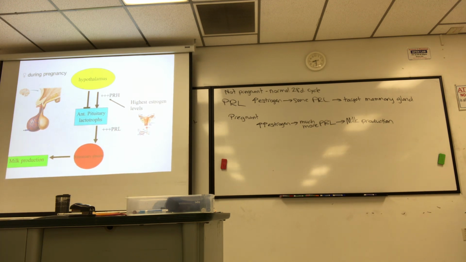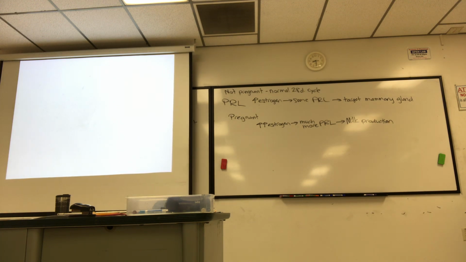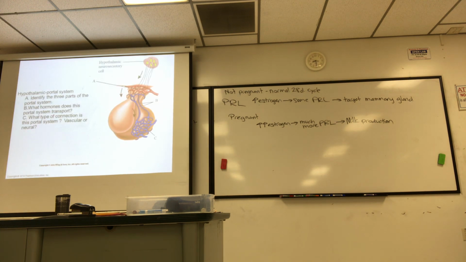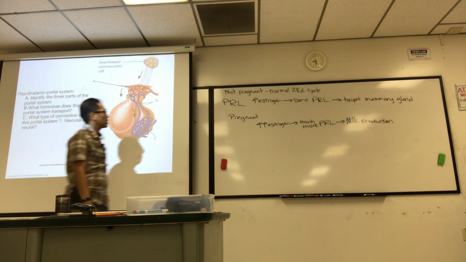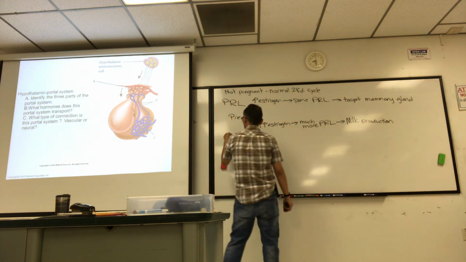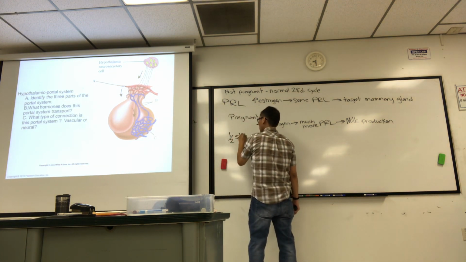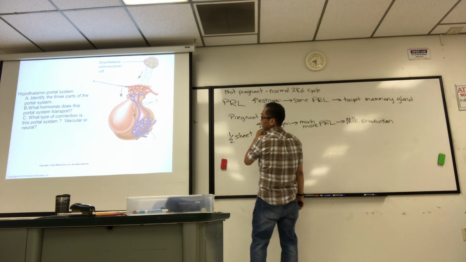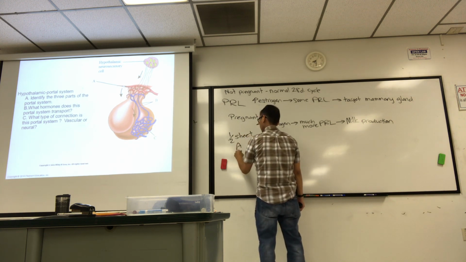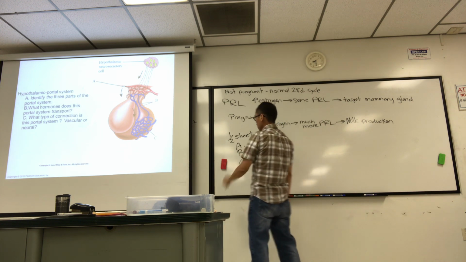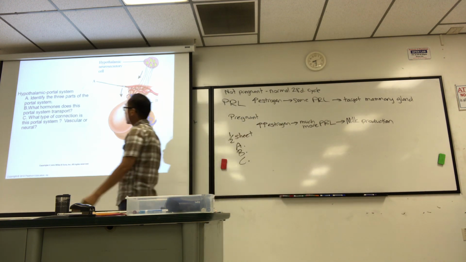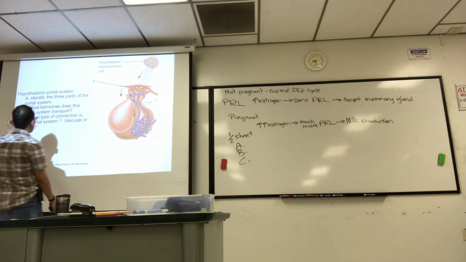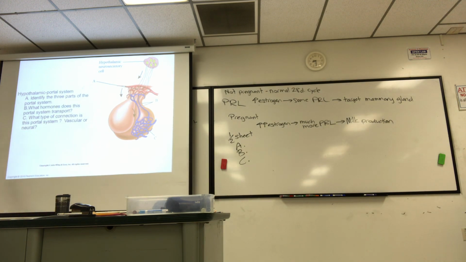So, on the following slide, let's do this on your half sheet. This kind of harkens back to the start of lecture this morning. Here's A, B, and C. For A, identify 3 parts of the portal system, 1, 2, 3.